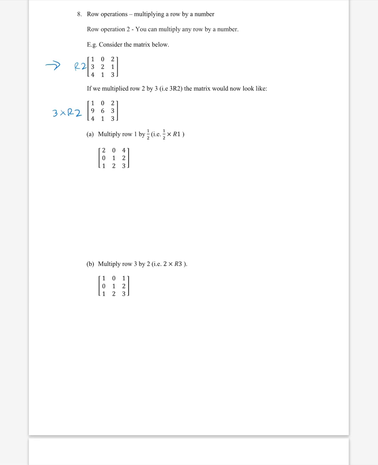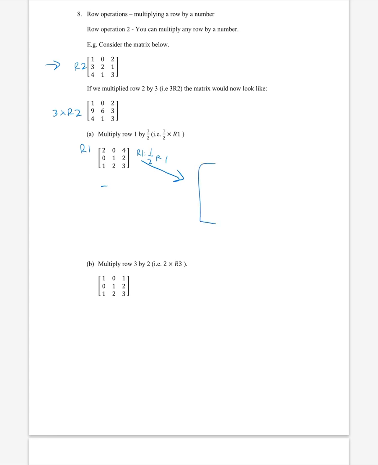Let's try an example. A, multiply row 1 by a half, i.e. do a half times row 1. Okay, here's row 1. So we're now going to do a half R1. So our new row 1 is going to be a half of the old row 1.